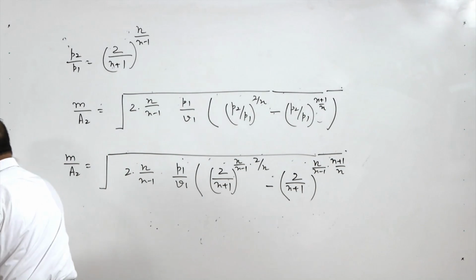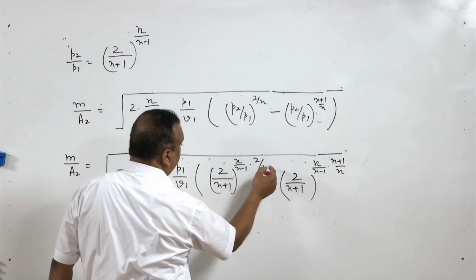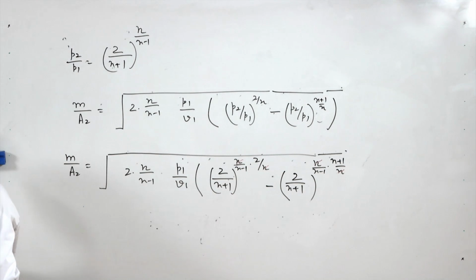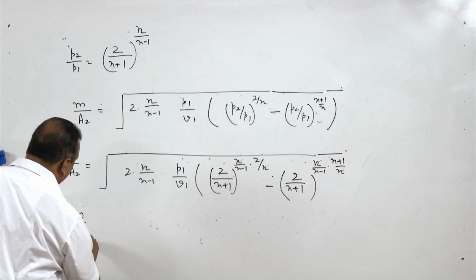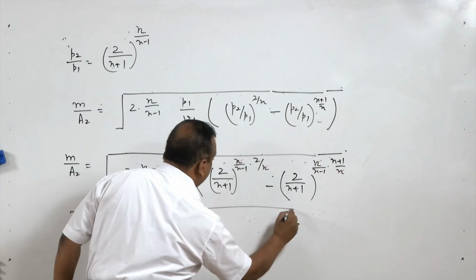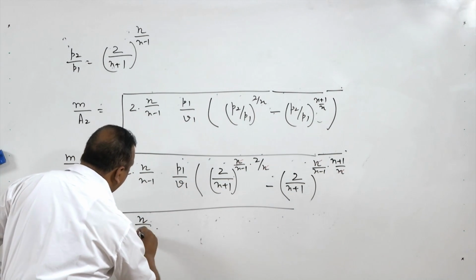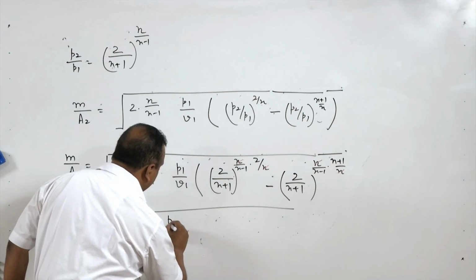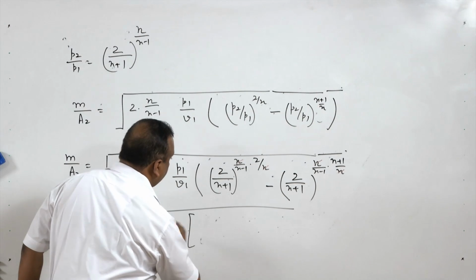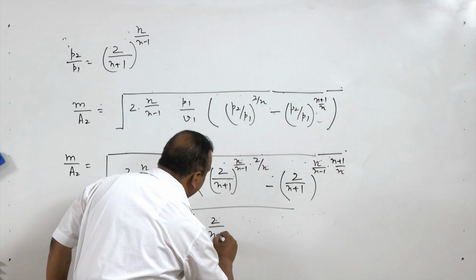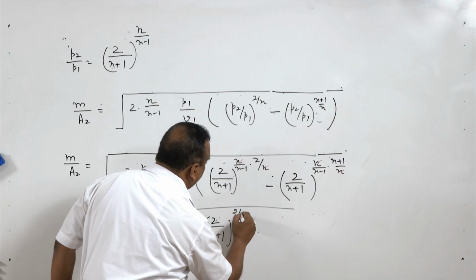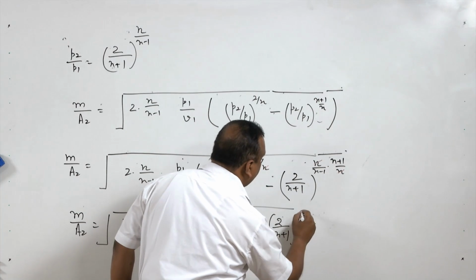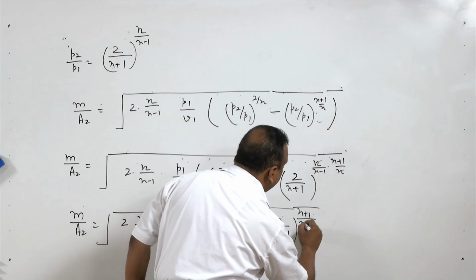Now, this n will be cancelled out, this n will be cancelled out, and we will be getting m by A2 as 2n over n minus 1 P1 by V1 times [(2 by n plus 1) raised to power 2 by n minus 1 minus (2 by n plus 1) raised to power n plus 1] divided by n minus 1.